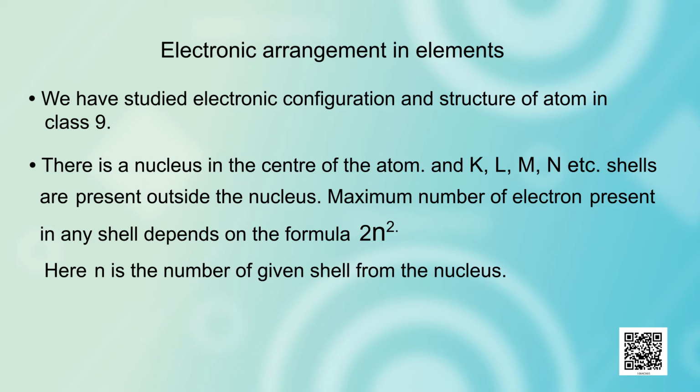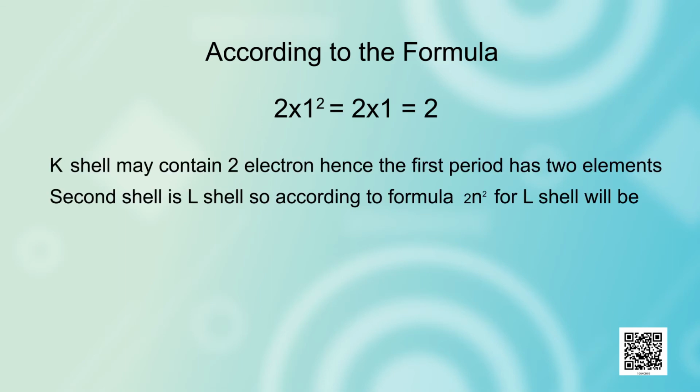For example, the first shell outside the nucleus is the K shell, so for K shell n is 1. According to the formula, 2n squared is 2 into 1 squared, that is 2. Like this we can conclude that K shell may contain 2 electrons and hence the first period has 2 elements.